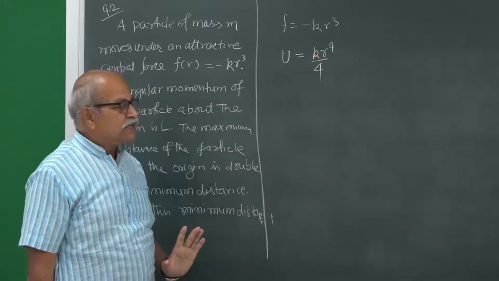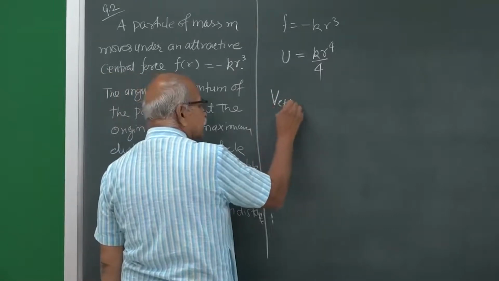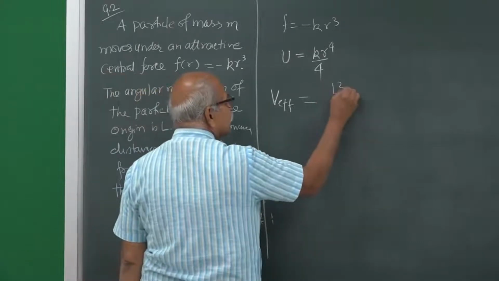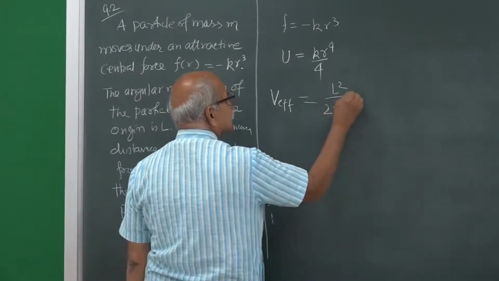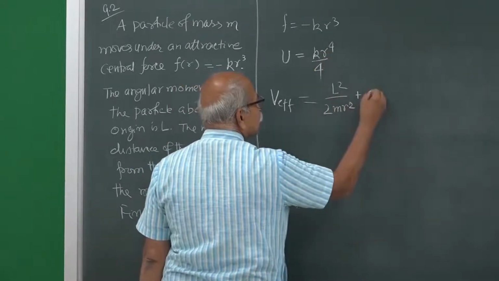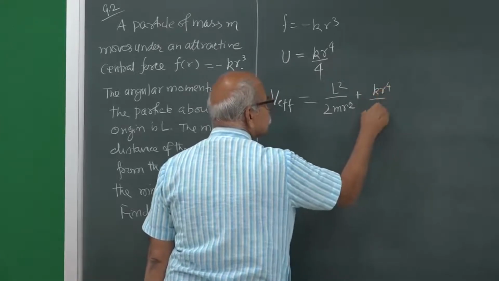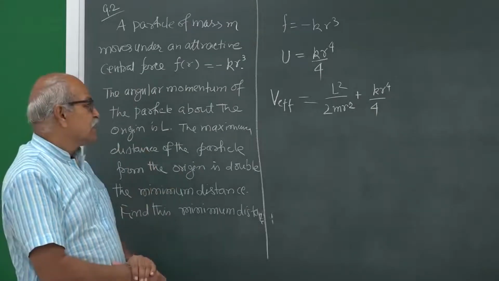So, this is potential energy. What is V effective? We have used this terminology. V effective is L square by 2 m r square, and then the actual potential energy, which is plus k r to the power 4 by 4. This is the effective potential energy.